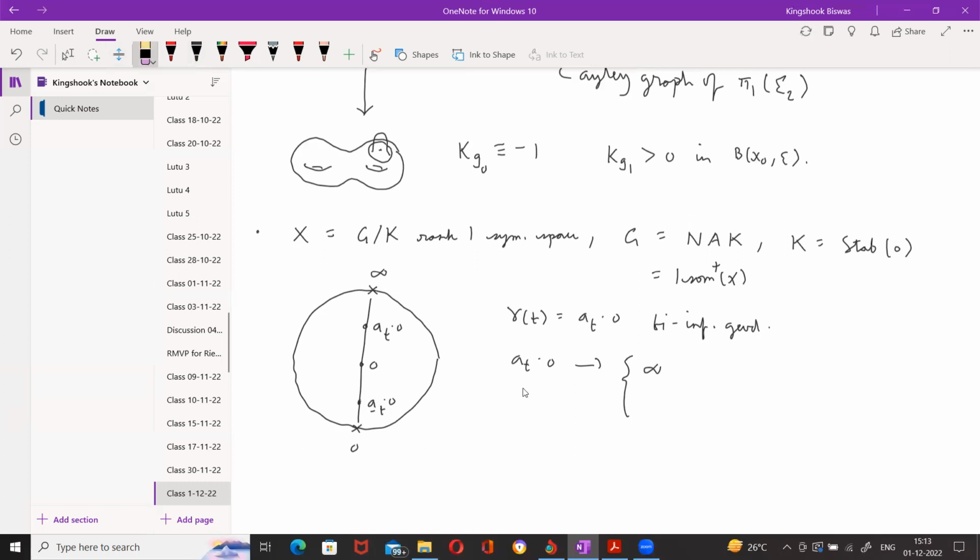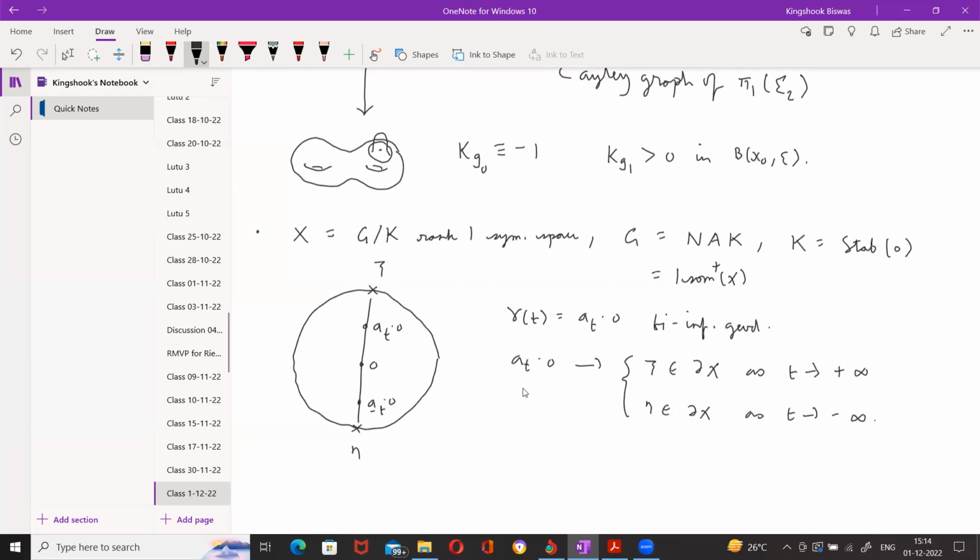Let me call these xi and eta, since the notation will not be good otherwise. So this converges to xi in the boundary of X as t tends to plus infinity, and eta in the boundary of X as t tends to minus infinity.